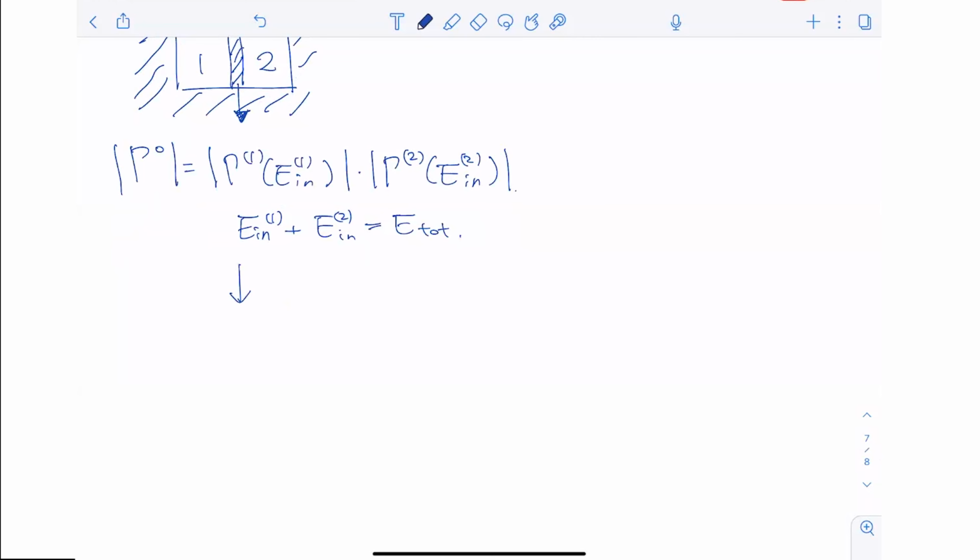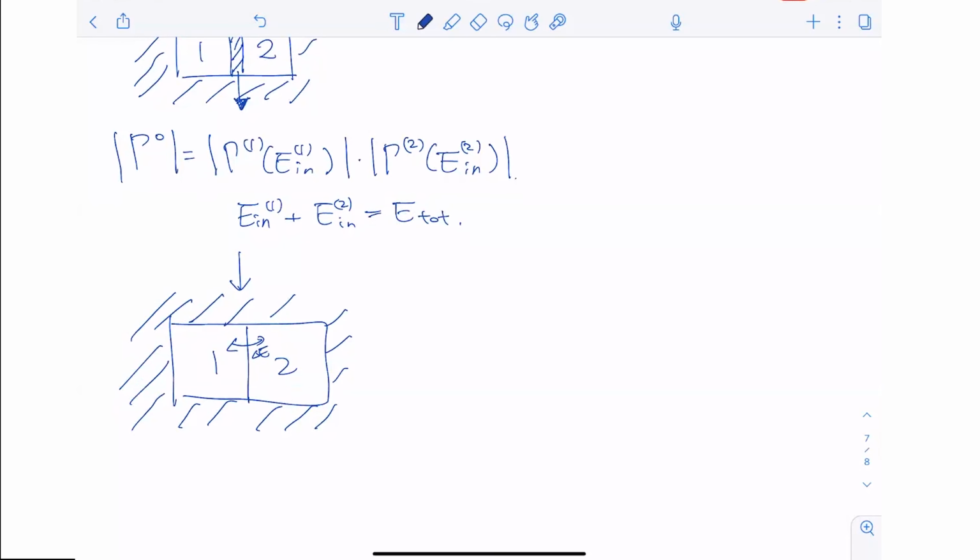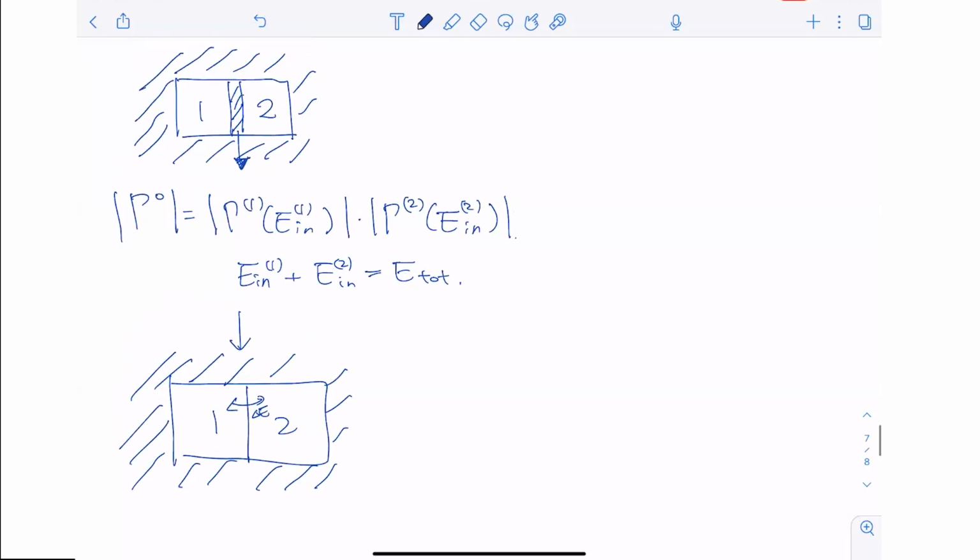So now we change our wall to be a thermally conductive wall, which means that now system 1 and system 2 can exchange their energy. When they are able to exchange energy, before we use this conductive wall, the energy was independently conserved.